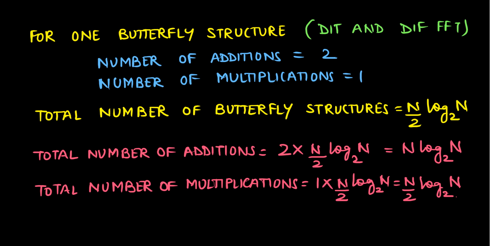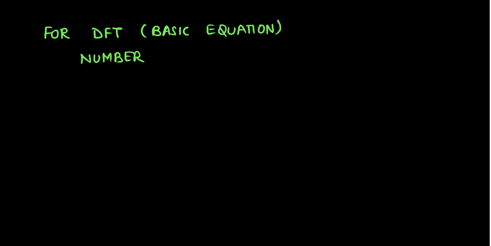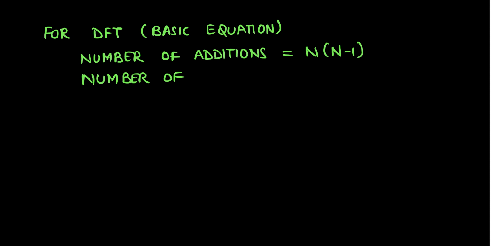But if we compare it with the number of additions required for the DFT, the basic DFT equation, the number of additions was equal to N into N minus 1, and the number of multiplications is N square.